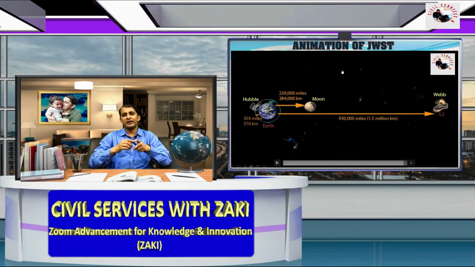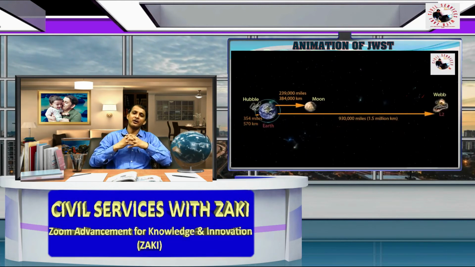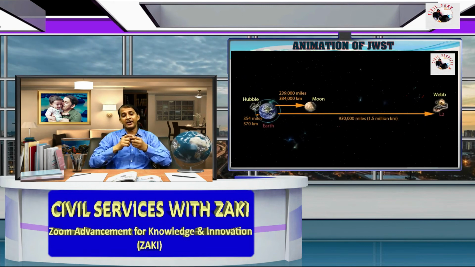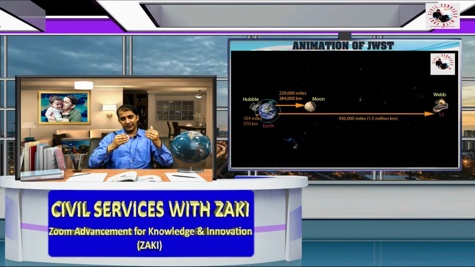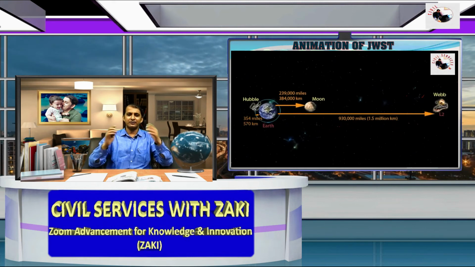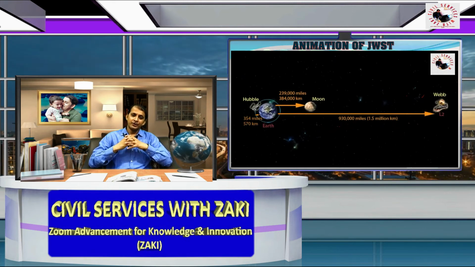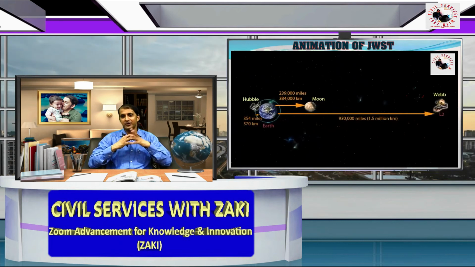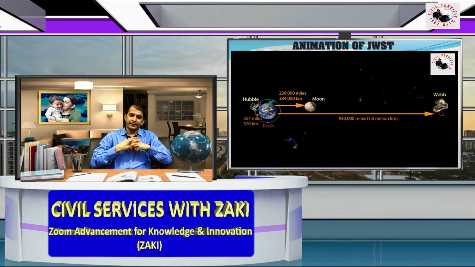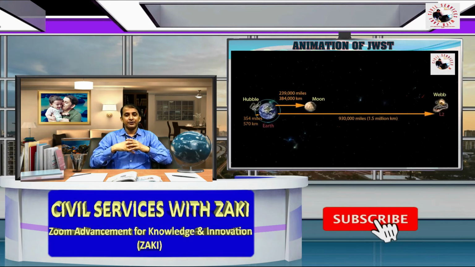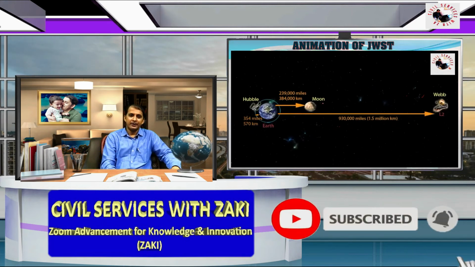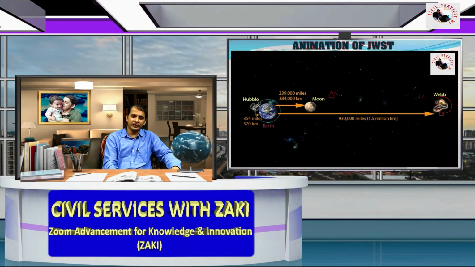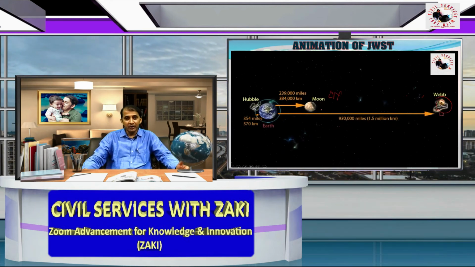L2 point is about 1.5 million kilometers from the Earth, which is about 1 million miles. This distance is 4 times the distance from Earth to the Moon.